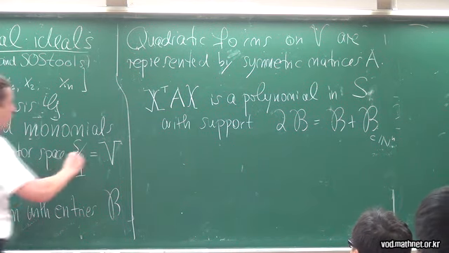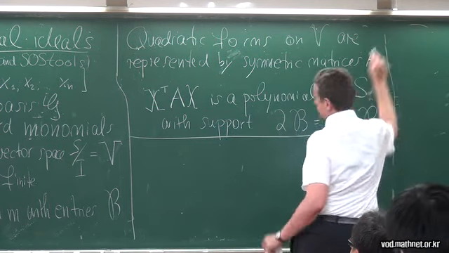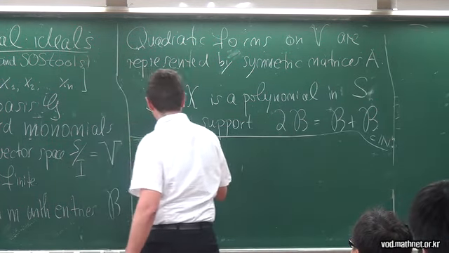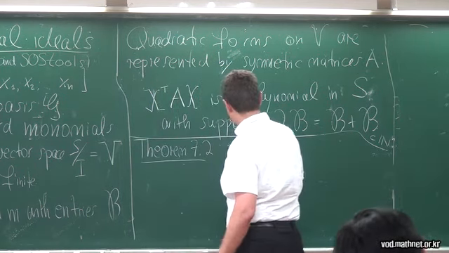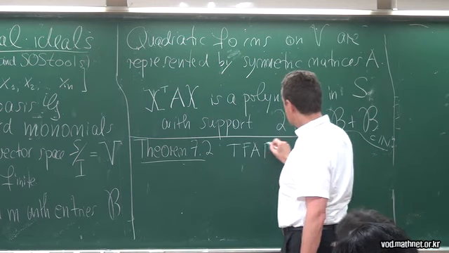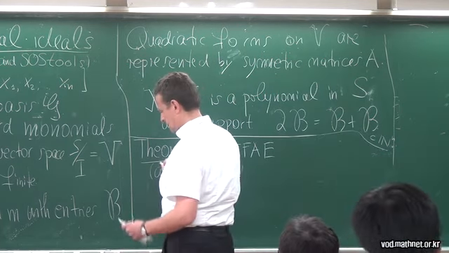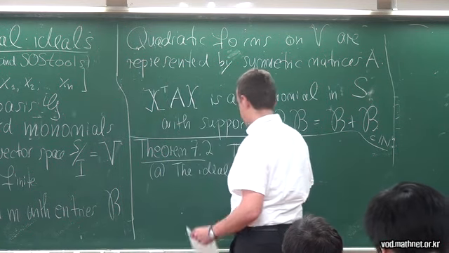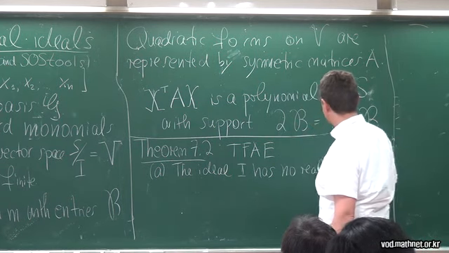Then we have the following theorem. If we're given all these things, then the following 3 conditions are equivalent. A, the ideal I has no real zeros.